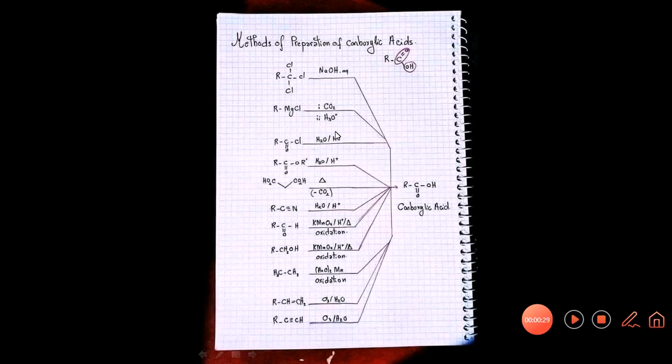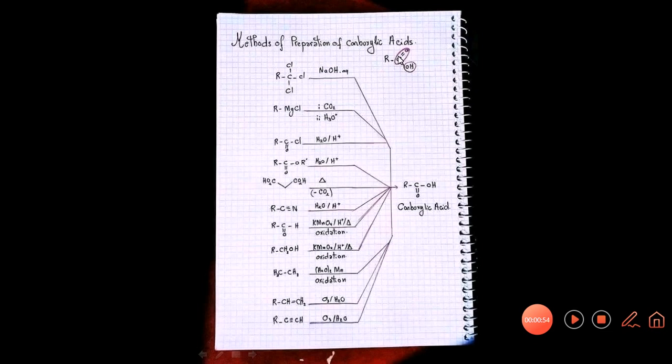Let's begin with the methods of synthesis of carboxylic acids. So carboxylic acid is basically an organic compound that is composed of the carboxylate functionality. This functional group is a carboxylate functional group, a carbonyl group bonded to an acyl portion, and a hydroxy.